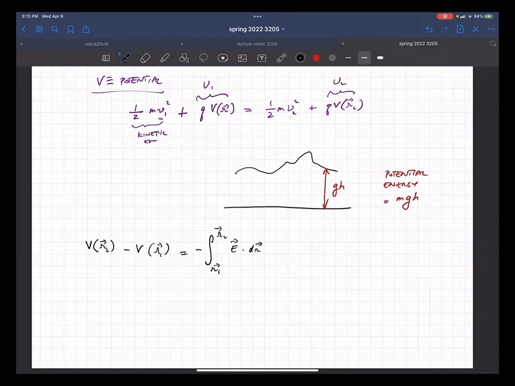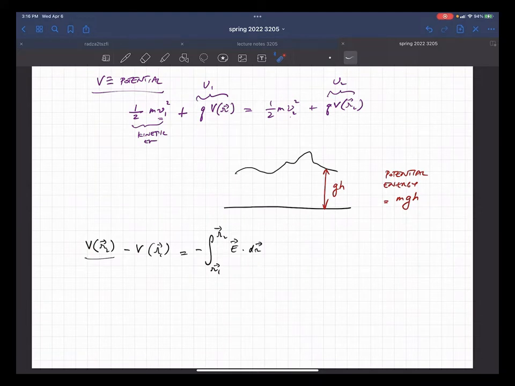So this is the potential in the new location R2 minus the potential at location R1. You do the integral from R1 to R2 of E dot dr, and that's a difference in this potential. And if you wanted to define the difference in potential energy, you just multiply Q by both sides.